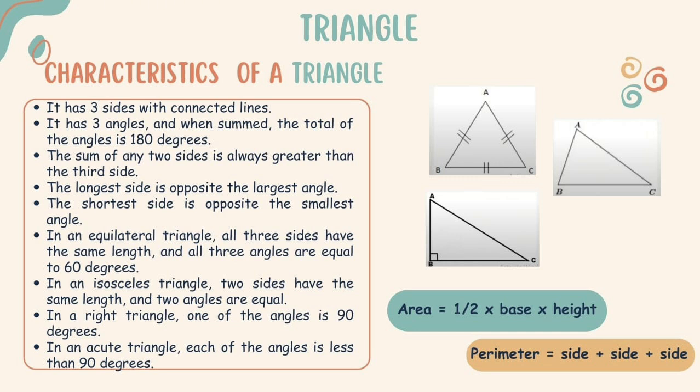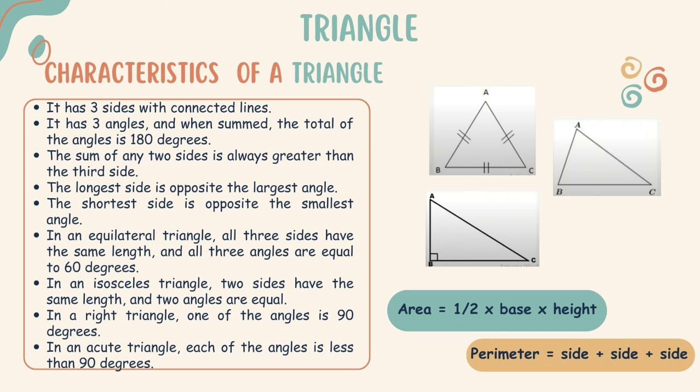Then, in an equilateral triangle, all three sides have the same length, and all three angles are equal to 60 degrees. Then, in an isosceles triangle, two sides have the same length and two angles are equal.